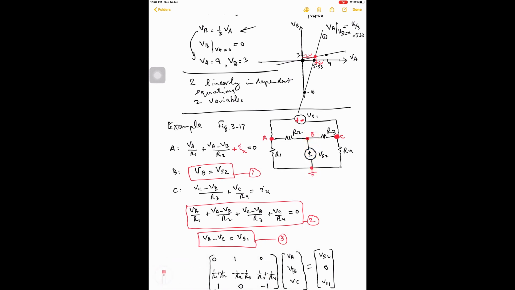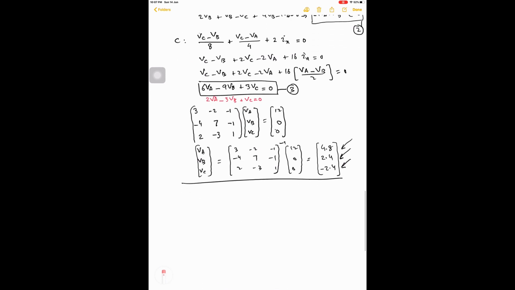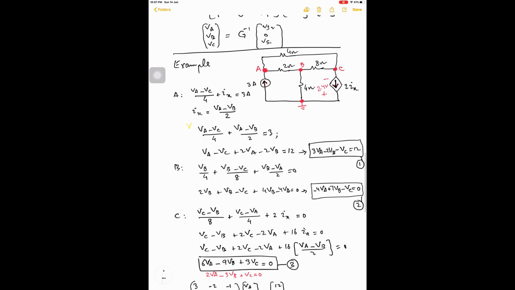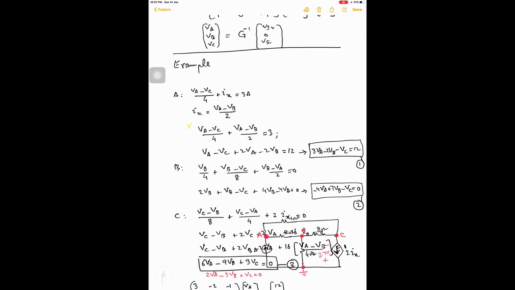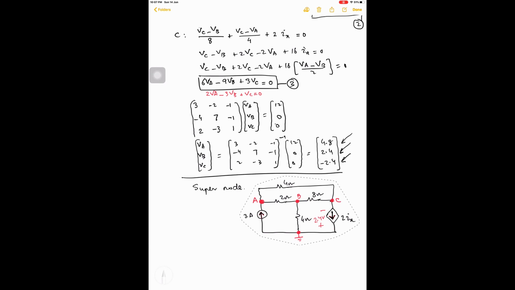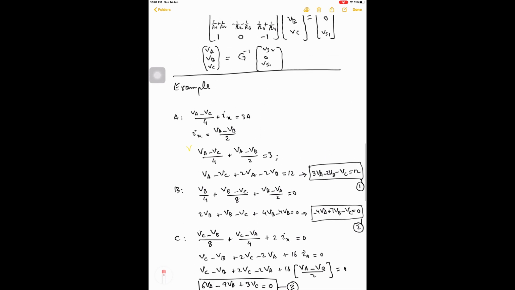The textbook discusses a concept of supernode in order to address such problems. Supernode.